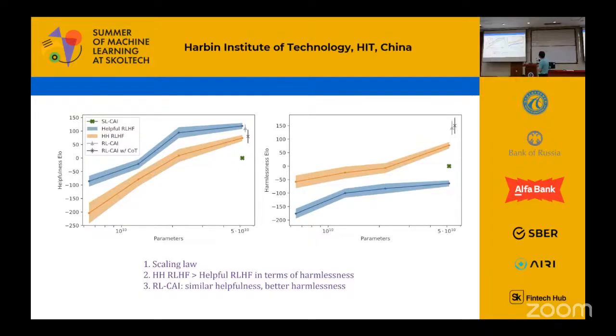But if you consider the harmlessness ranking, this model is better in terms of harmlessness, while the other is worse, because it will generate some very dangerous or harmful responses. Interestingly, the proposed approach with chain-of-thought can achieve a better trade-off in terms of both helpfulness and harmlessness.